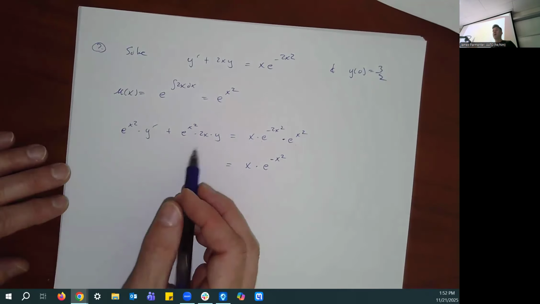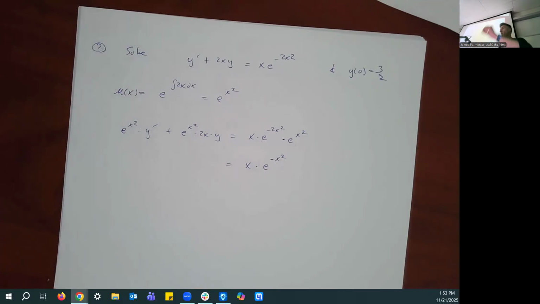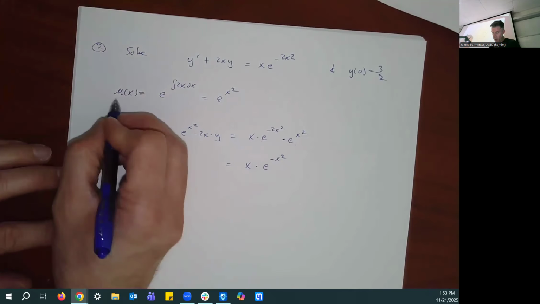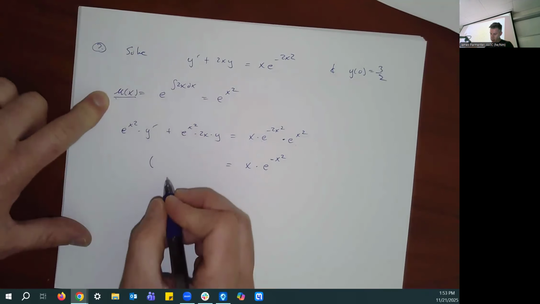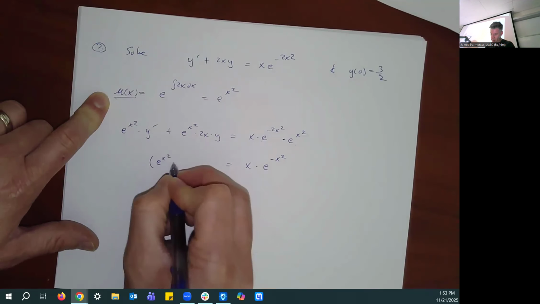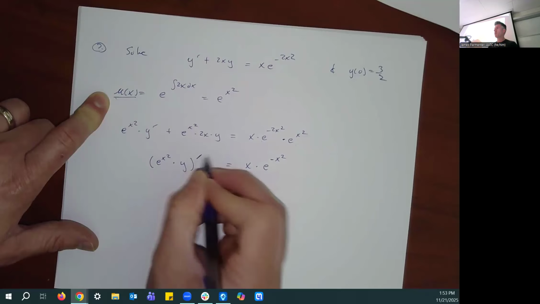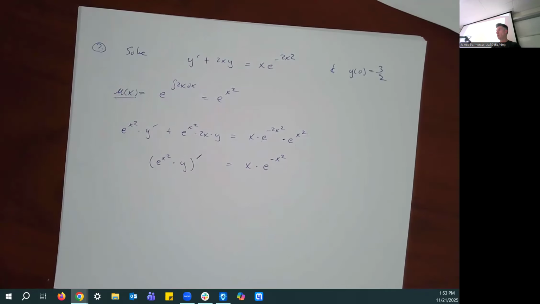The left-hand side, all you have to remember for the left-hand side after you've done this is it's always this times y, and then the derivative of that. So it's whatever your mu of x was, it was e to the x squared times y, the derivative of that product. Every single time. No exceptions. Question.